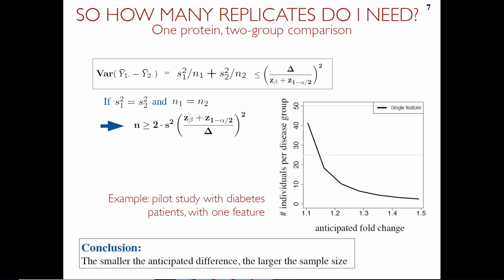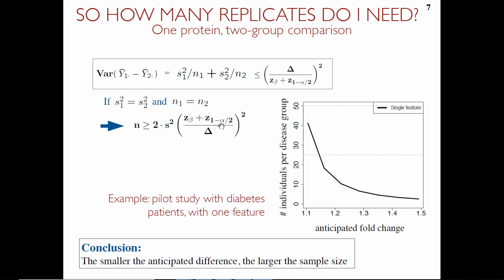Z beta, I have Z1 minus. Yes, this is correct. These are from the tables, exactly. These are the quantiles of the normal distribution, and R will know them. This is qnorm of beta, and qnorm of 1 minus alpha.